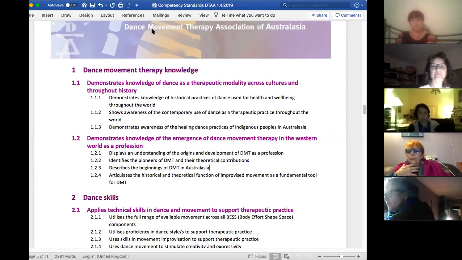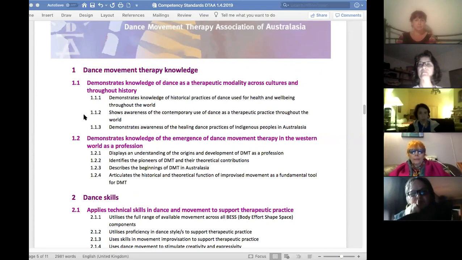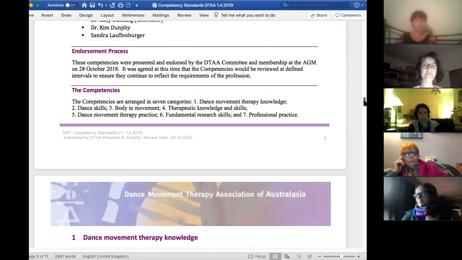So before I start on the specifics of this first domain, I want to just reiterate what was at the bottom of the last slide: we tried to group the competencies.